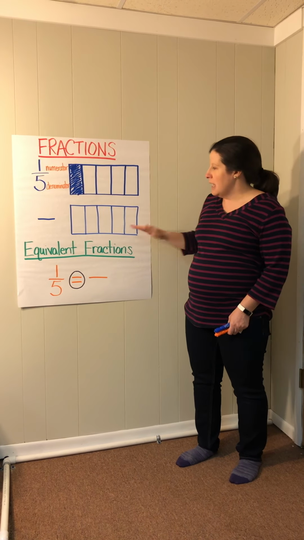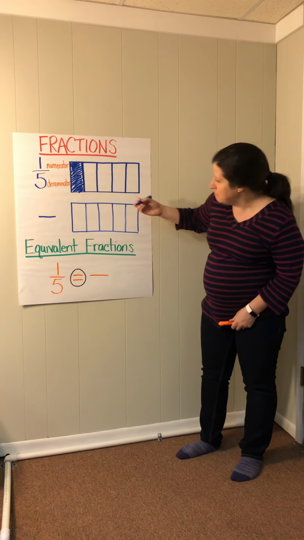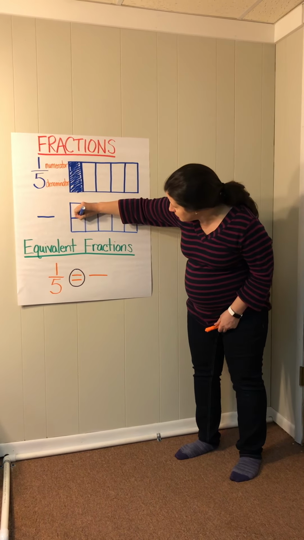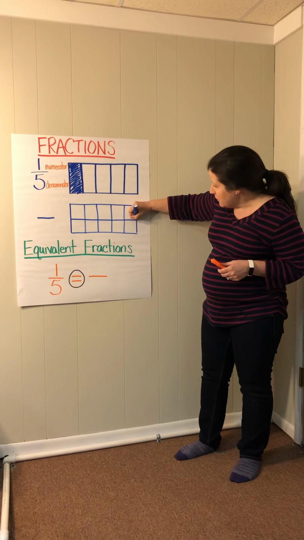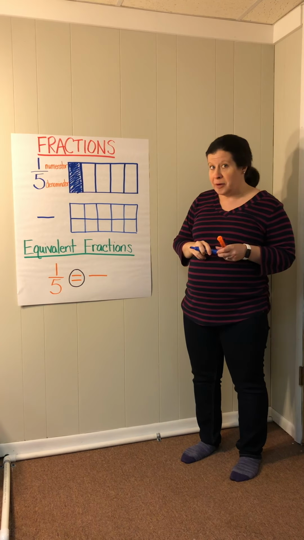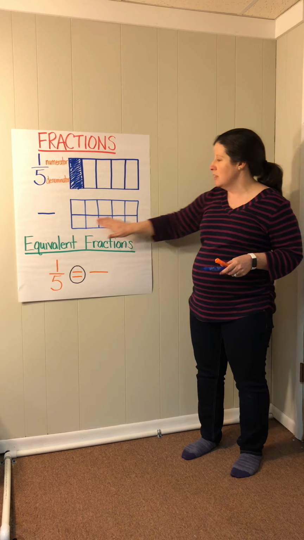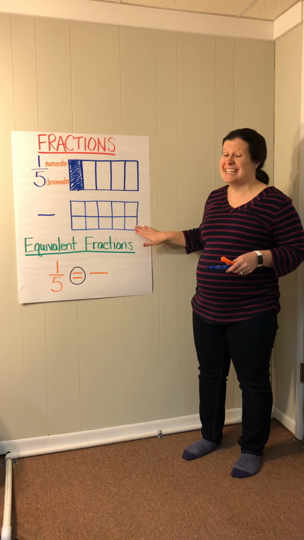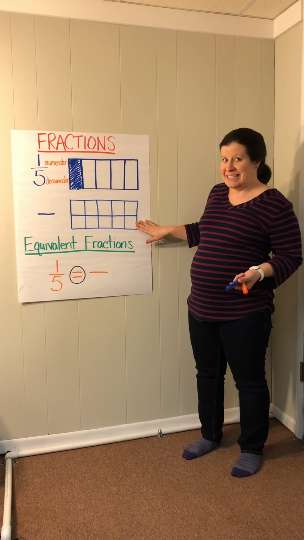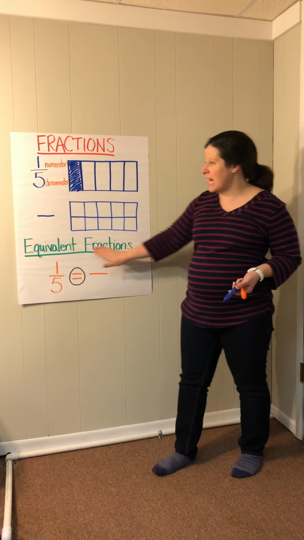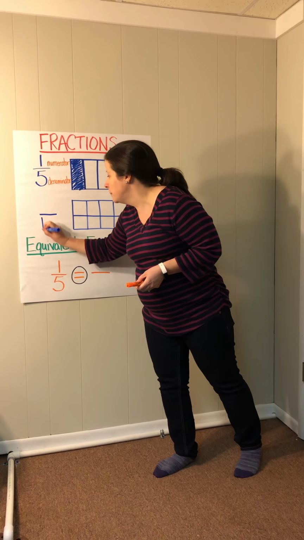But I'm going to go ahead and take those 5 equal parts and divide it another way, so that now, instead of 5 equal parts, it has 1, 2, 3, 4, 5, 6, 7, 8, 9, 10 equal parts. So this rectangle is divided into 10 equal parts. That means our denominator over here on the bottom needs to be the number 10.